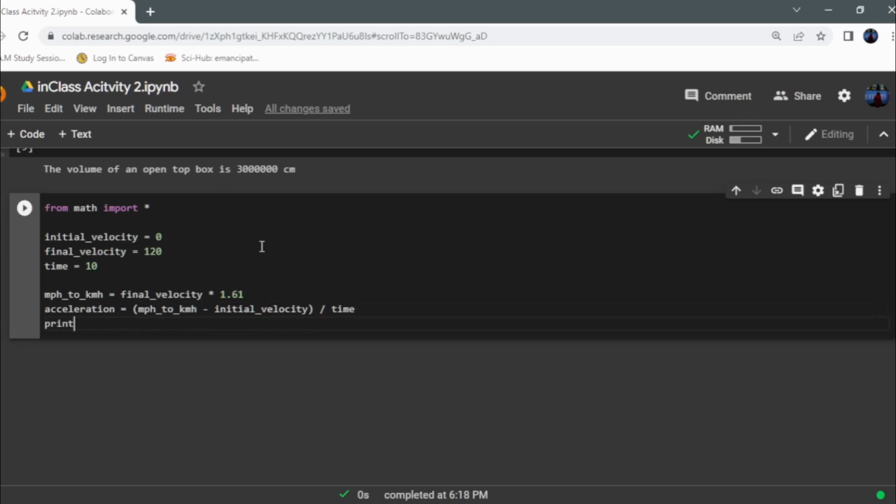Then print acceleration is equal to, and then put the acceleration, and 19.32, that is the acceleration of the car.